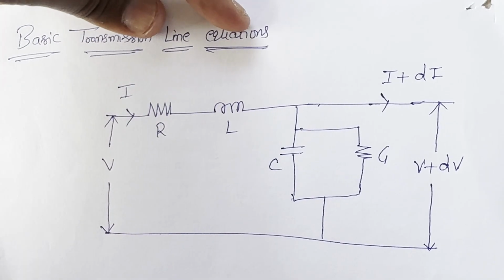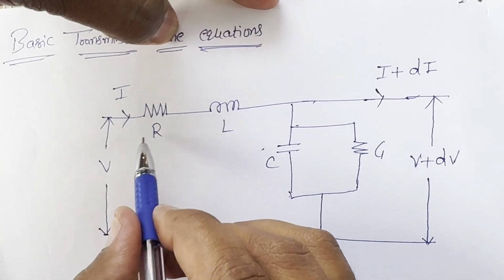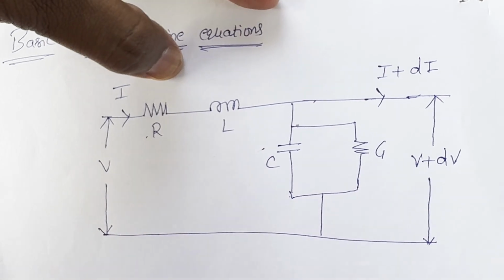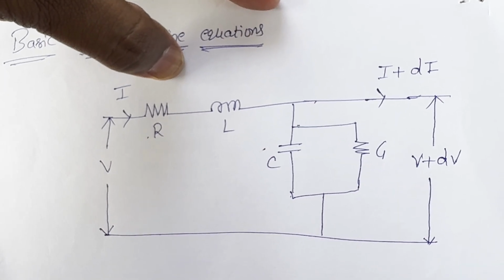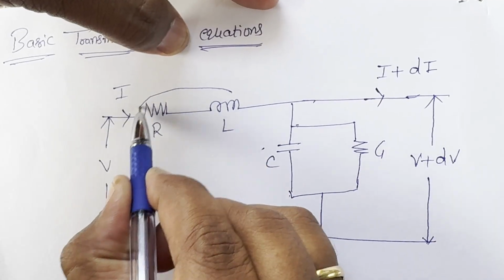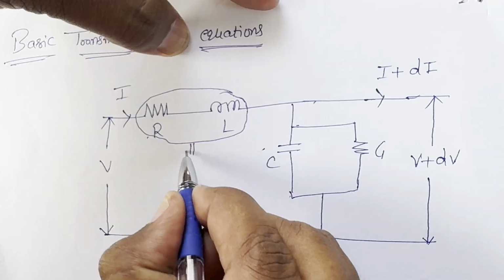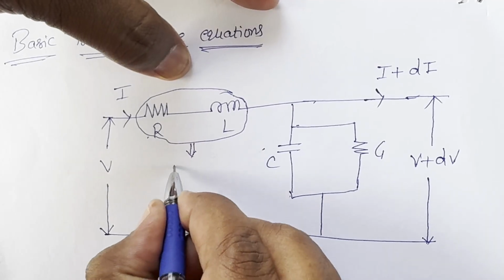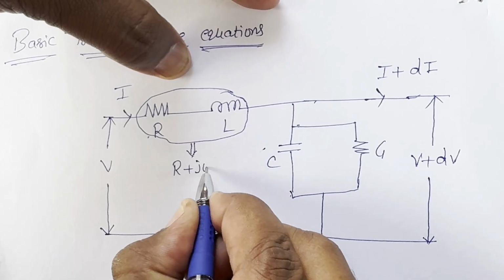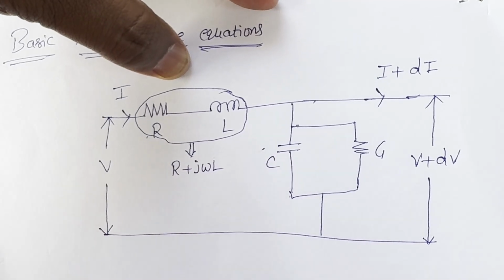Here, when we observe this, R and L are in series. So I am writing the series equivalent impedance with these two as R plus j omega L. It is called the series impedance.